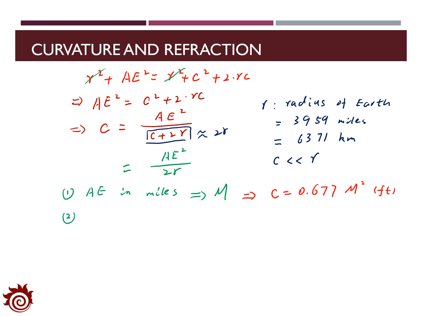If AE is measured in kilometers, say that we use another letter K, then we will have C equals 0.0785 K squared, and the measured unit is meter. So in that sense, let's go check one example.